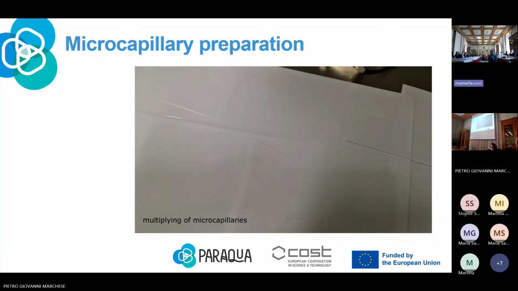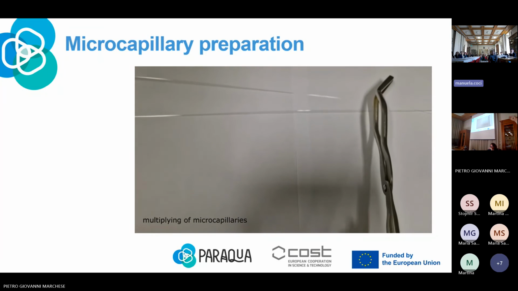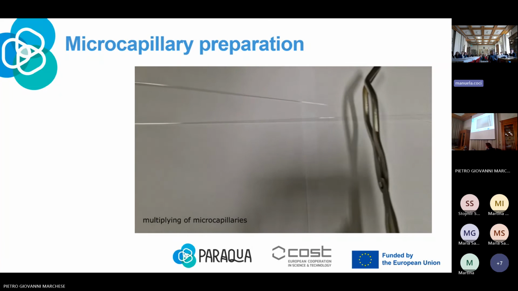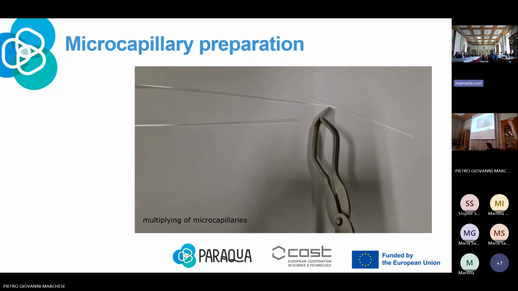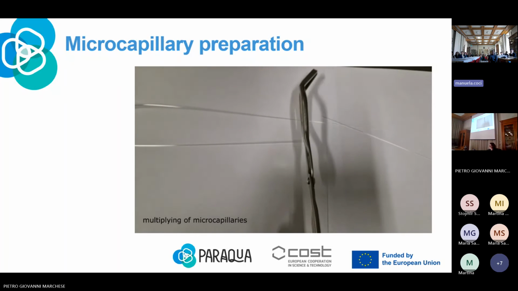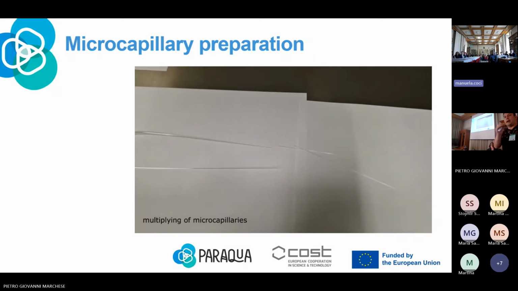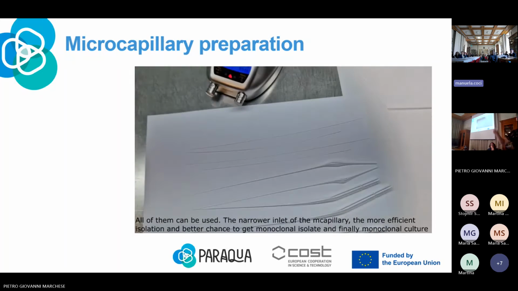So if we have very, very small organisms, we can use the small microcapillaries. During this process, we have to use our mouth to blow out the air during the isolation.